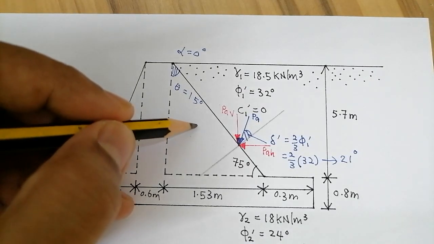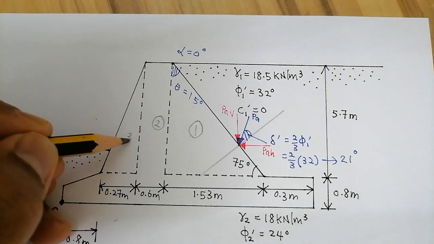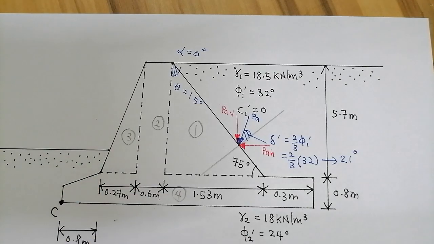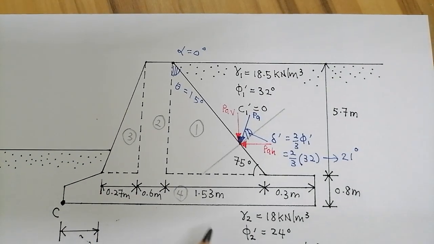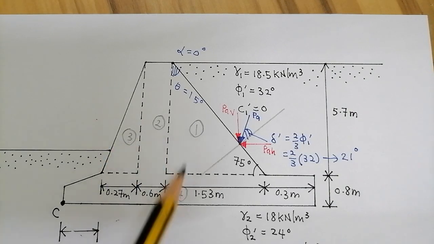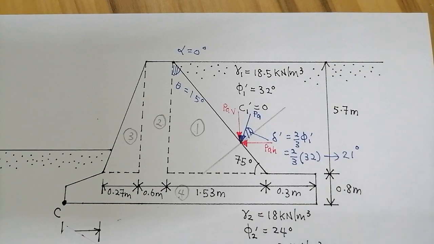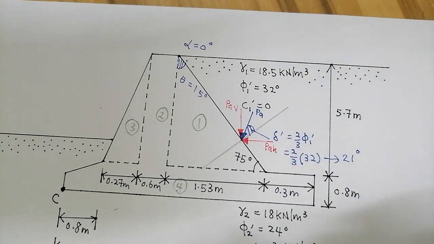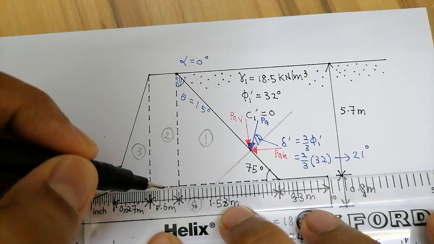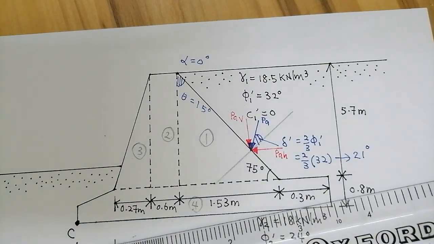So I'll give this 1, this is 2, this is 3, and this is 4. You don't have to worry about the order, as long as you number all your sections. All right, I think I forgot one line here. It's like this, sorry. So it's a rectangle.